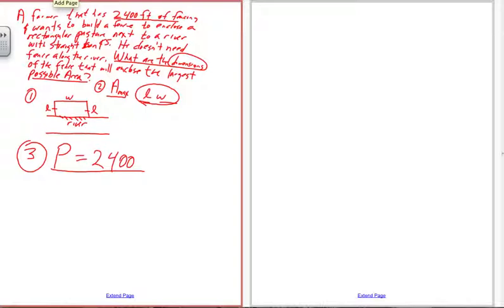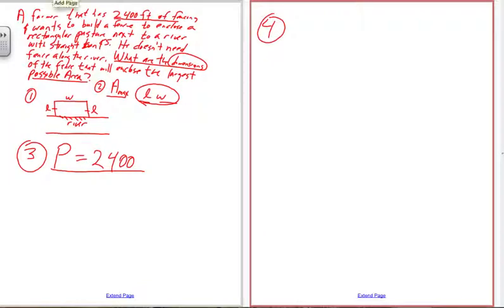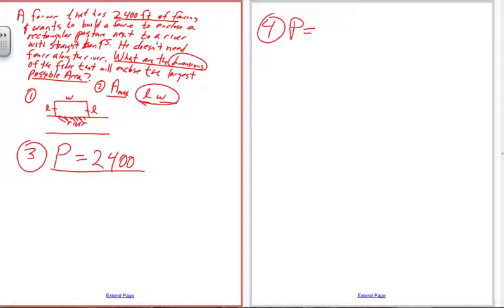Okay, so with that, let's go on to step 4 and write out some equations. Perimeter. Okay, now you guys are used to perimeters being 2L plus 2W. That's all the way around. Remember, we do not need to put along the river.